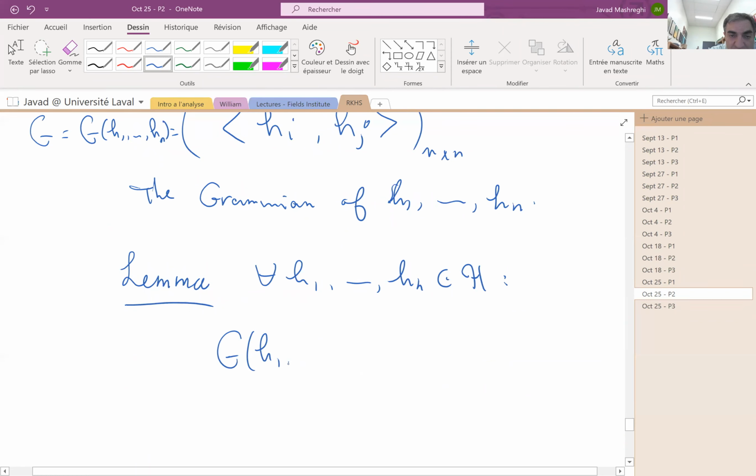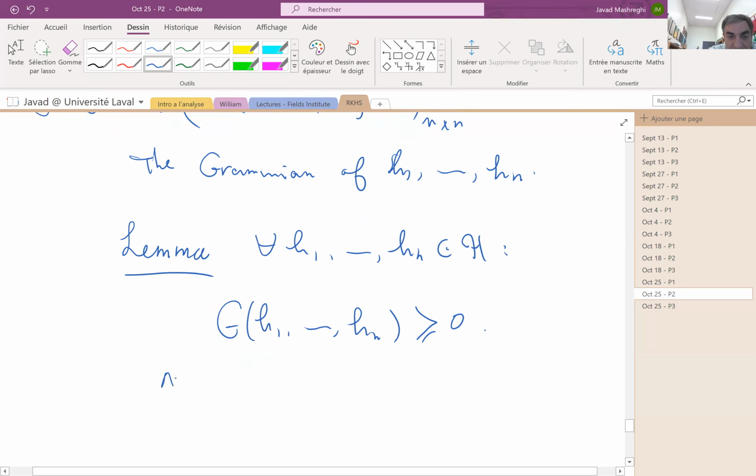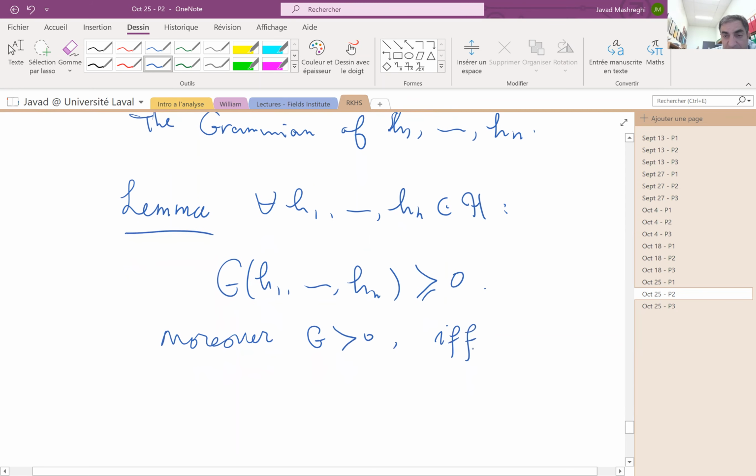G of H1 up to Hn is always bigger than or equal to 0. And moreover, G is strictly positive if and only if H1 up to Hn are independent.